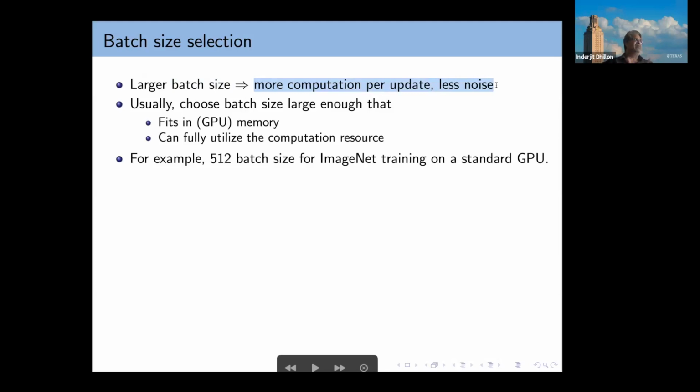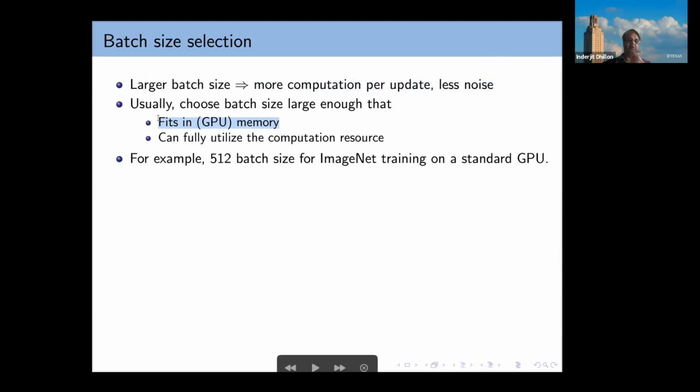The current way of using deep neural networks is very much tied to the hardware. I'm sure all of you have heard about GPUs, right? And GPUs are excellent at doing matrix multiplication.